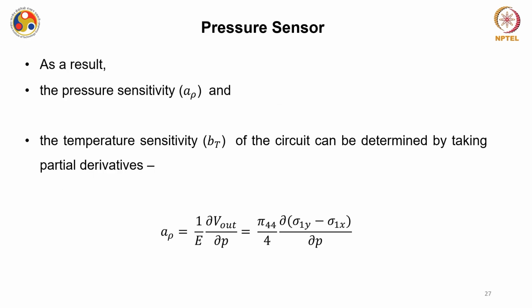Okay. Now, as a result of this, the pressure sensitivity and the temperature sensitivity, I am calling it AP and BT of the circuit, and it can be determined by simply taking the partial derivative.